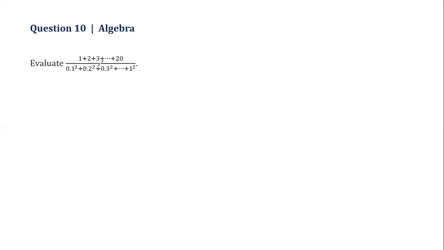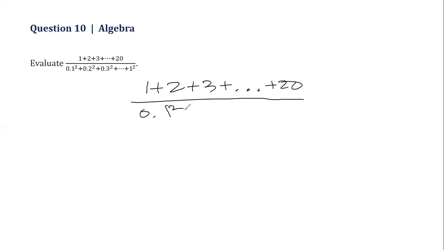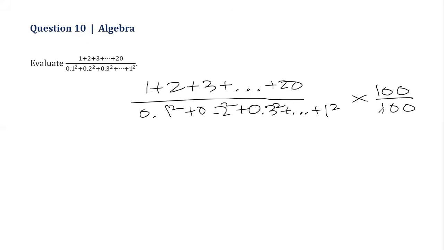0.1 squared plus 0.2 squared plus 0.3 squared and so on and so forth until 1 squared. So what we will do here first is we're going to multiply the numerator and denominator by 100. It's mostly to make the denominator easier to handle, but you can also choose to skip this part.